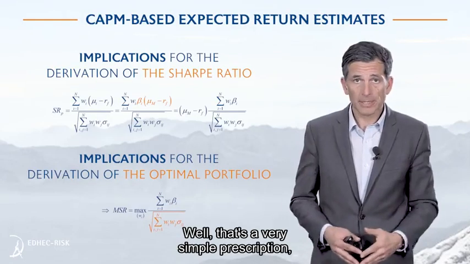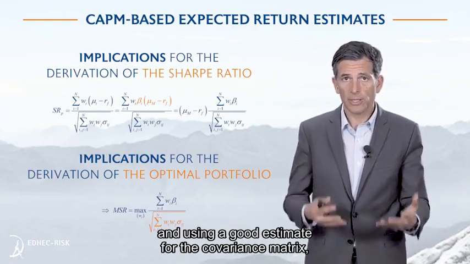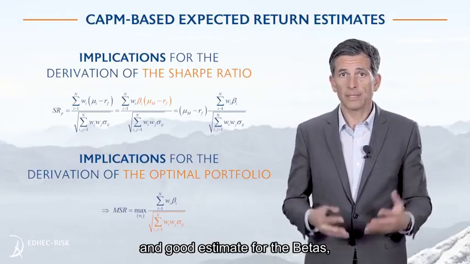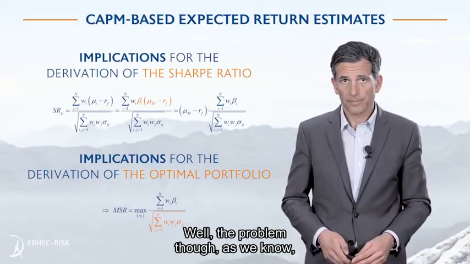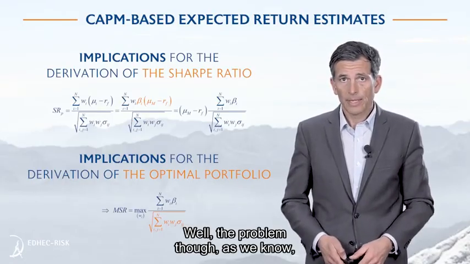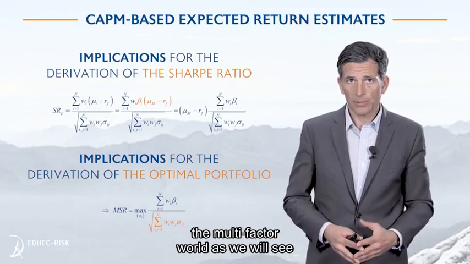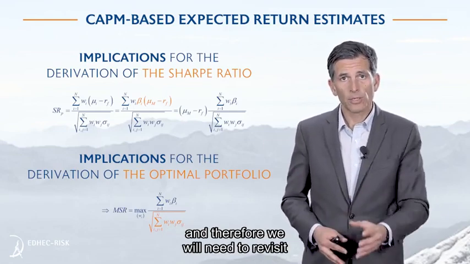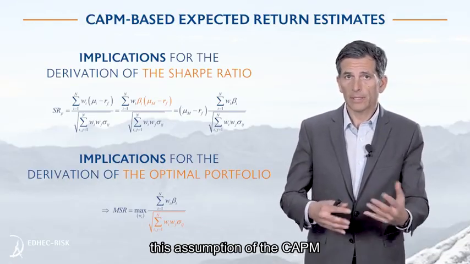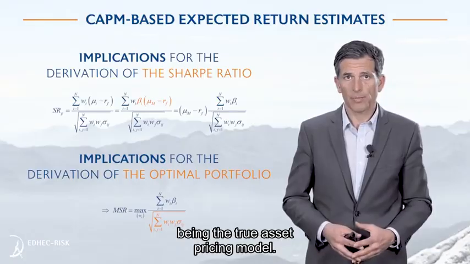So that's a very simple prescription, and using a good estimate for the covariance matrix and a good estimate for the betas, you have everything you need to optimize the portfolio. Well, the problem, though, as we know, is that we do not necessarily live in a single-factor world, as we will see, and therefore we will need to revisit this assumption of the CAPM being the true asset pricing model.